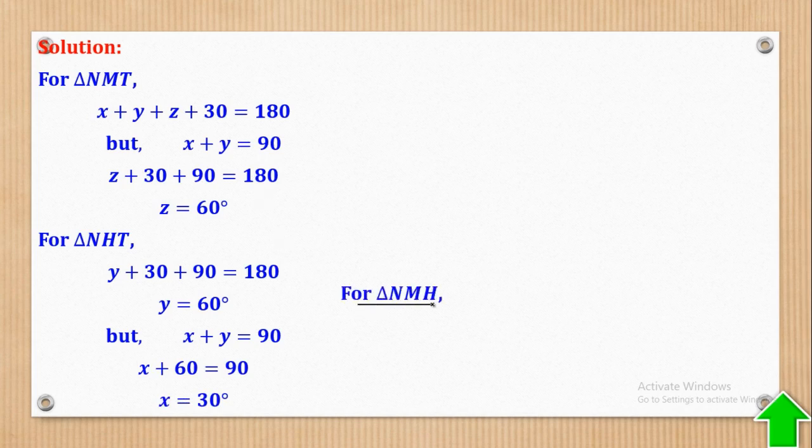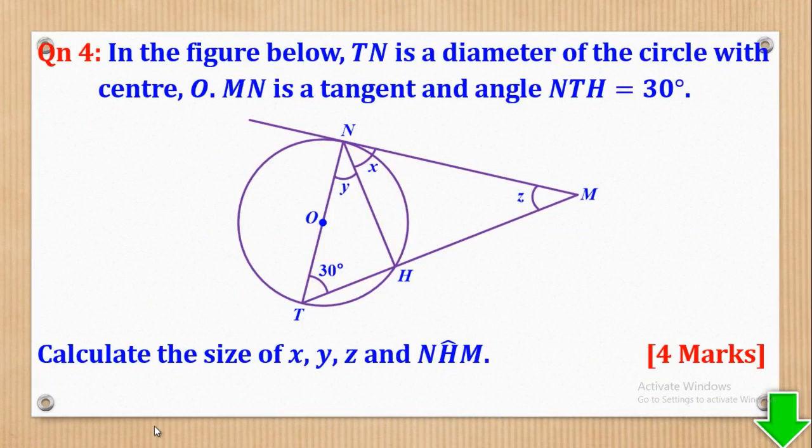Now we shall go to triangle NMH. So NMH, we have that x plus z plus angle NHM is equal to 180 degrees. So let's see where that comes from. Triangle NMH, angles of the triangle add up to 180 degrees.